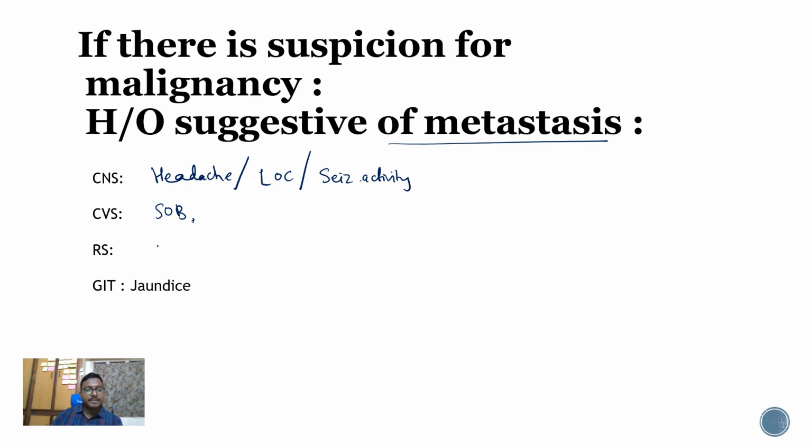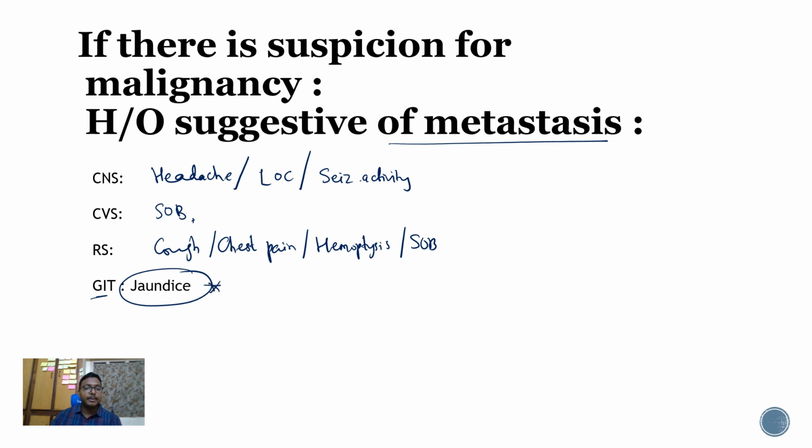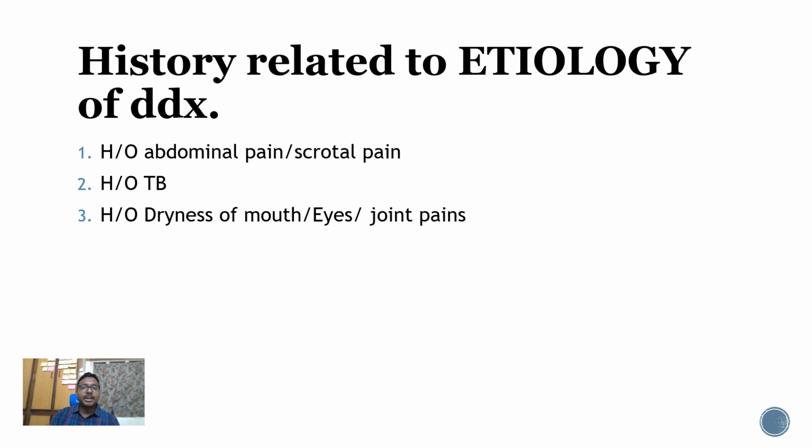Okay, right. Next, respiratory system, cough or chest pain, or even hemoptysis, nothing but blood in the cough. Again, SOB. Then GIT, mainly related to liver. So the main feature will be jaundice. This is the history suggestive of metastasis in whatever malignancy related to the systemic metastasis. Right? Next. History related to the etiology.